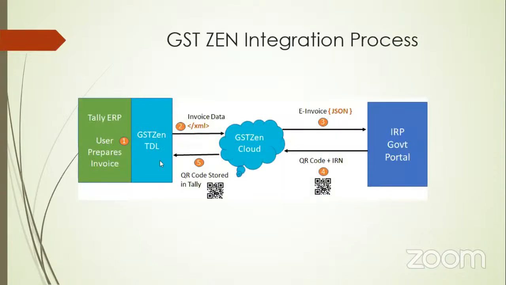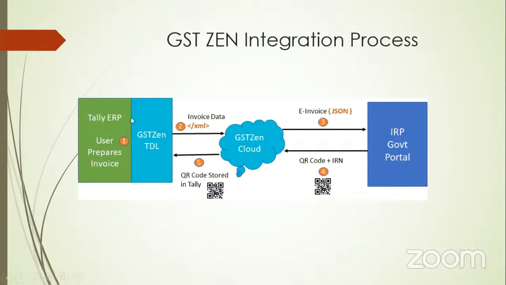So how does GST Zen then help you in e-invoicing? I'll take an example of our TDL that is installed in Tally. My team will be showing you a demo of it in the later part of the webinar. So we provide a TDL that can be installed in Tally.